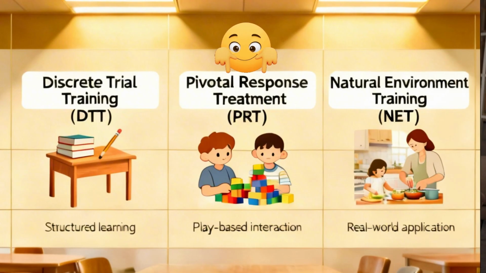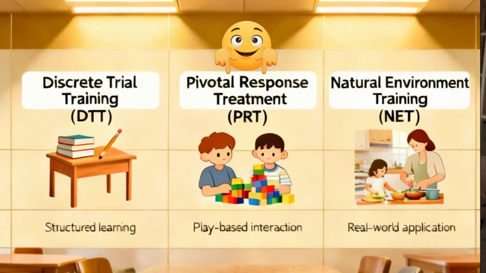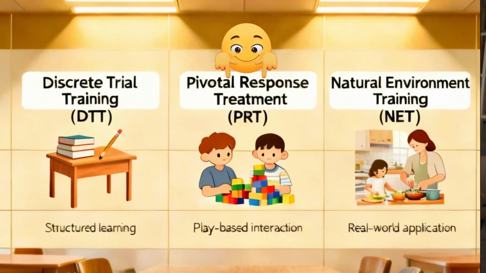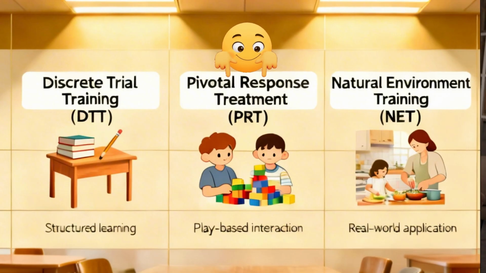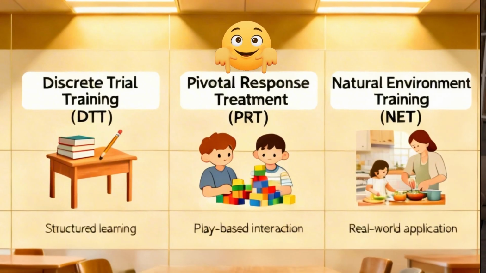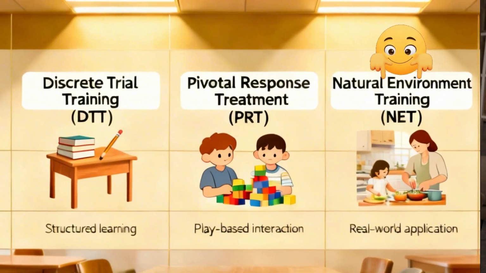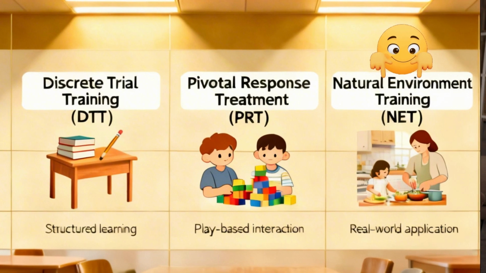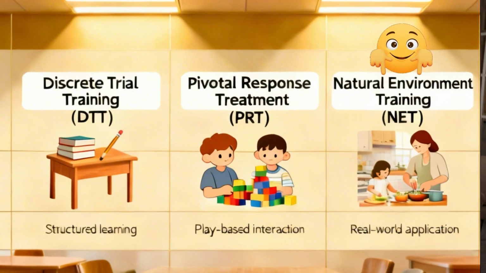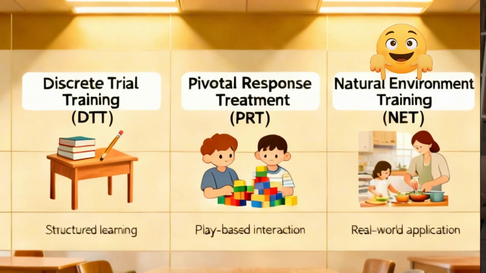PRT, play-based, child-led, focused on motivation and broad areas of development, best for increasing spontaneous communication and engagement. NET, real-world settings, everyday routines, focused on skill generalization, best for ensuring what was learned in therapy actually happens at home, at school, and in life.